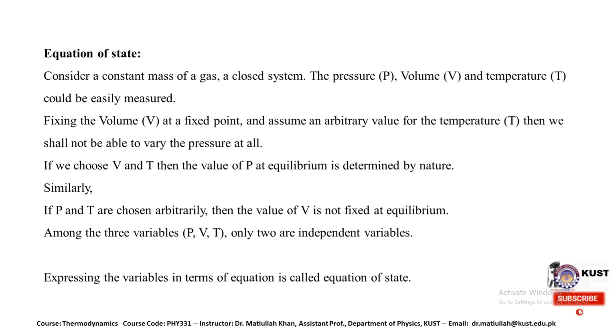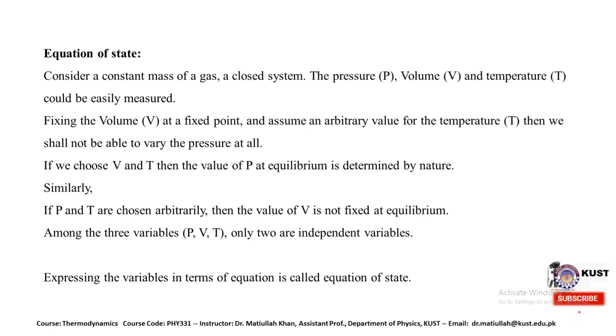It will have some value that is defined by nature. If we fix the volume at a particular point and assume some arbitrary value for the temperature, then we shall not be able to vary the pressure at all. The third property we cannot control. Similarly, if we choose volume and temperature, then the value of P at equilibrium is determined by nature.